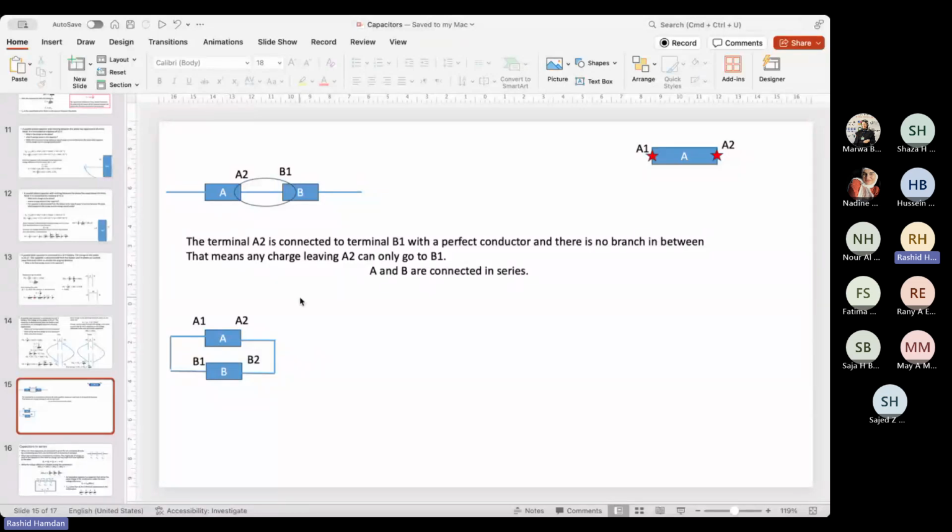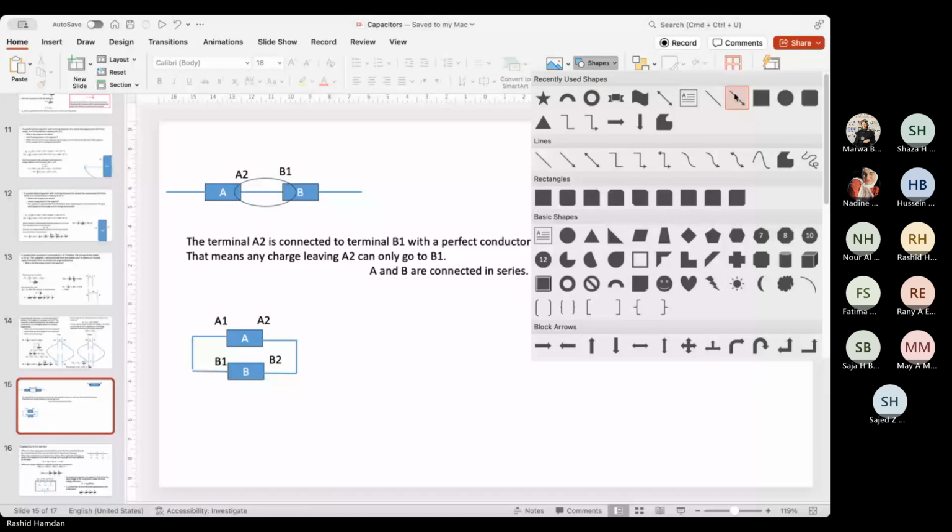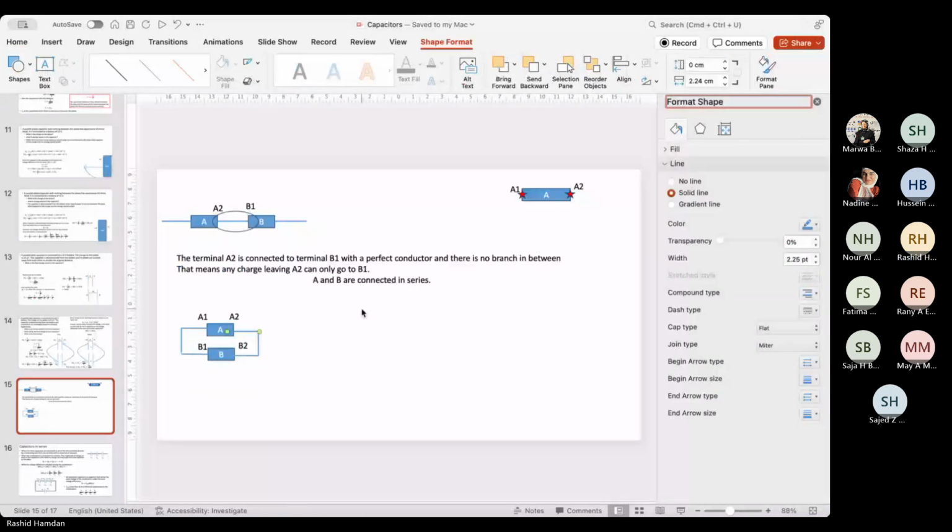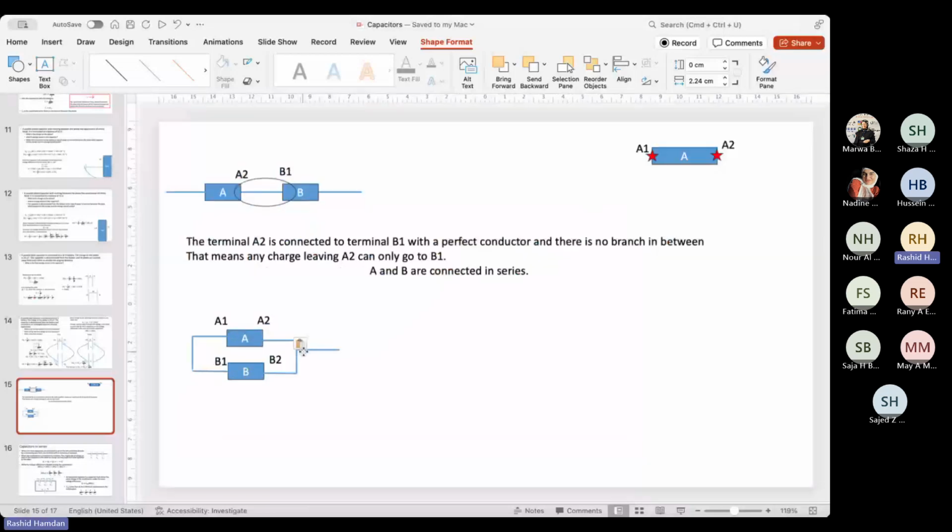So I'm going to allow branching on both ends. Copy paste that one. So I'm going to allow charge to go somewhere else as well.